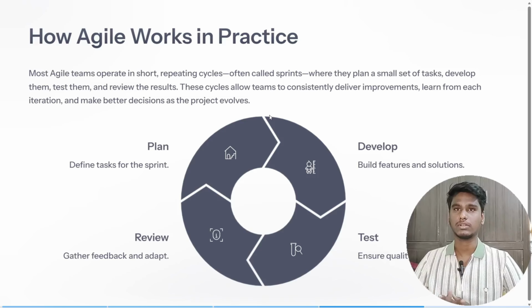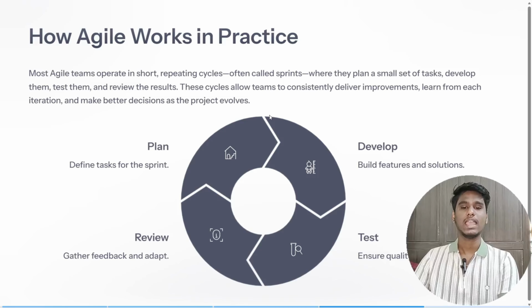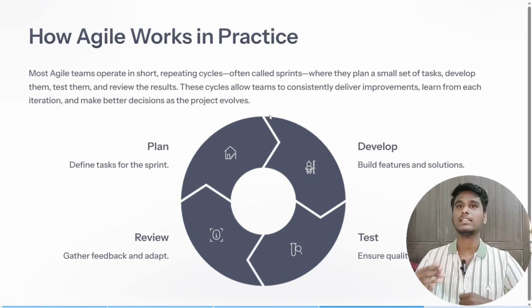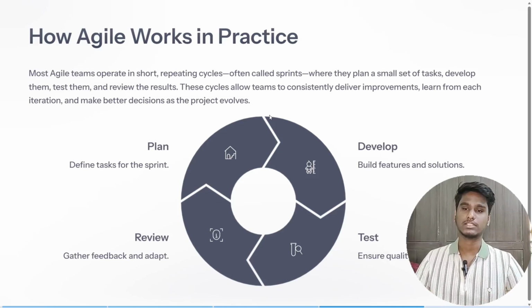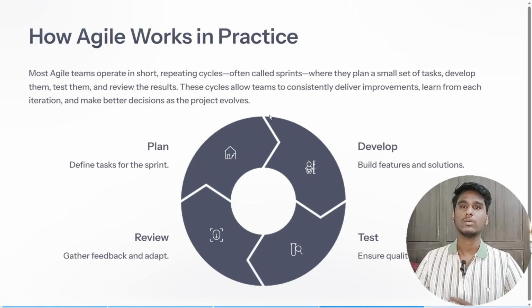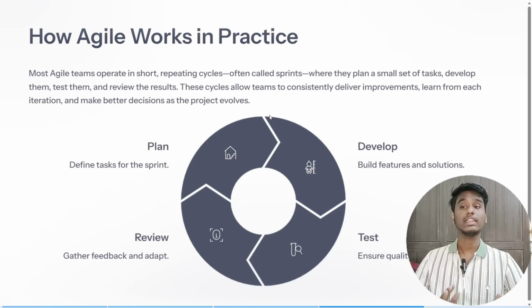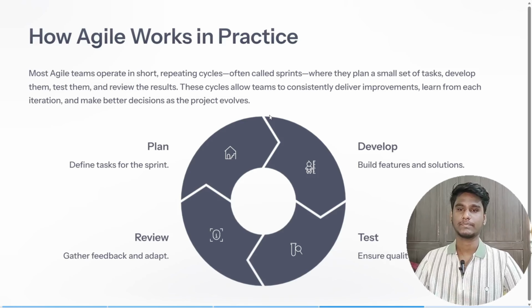Next, testing the product to ensure quality and functionality. Next is review, getting feedback from the customer, and again adapting to the feedback and changes from the customers. This is how Agile works, and most Agile teams operate in short repeating cycles, often called sprints, where they plan a small set of tasks, develop them, test them, and review the results.